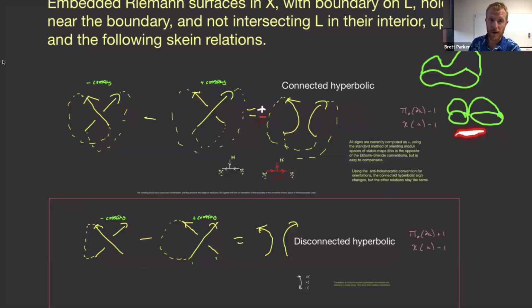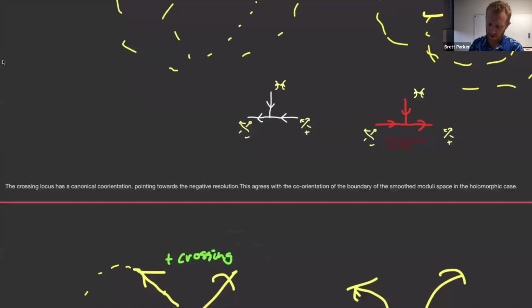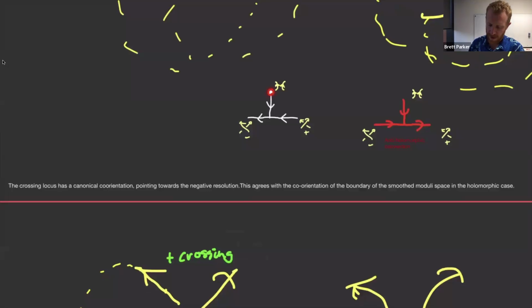So it's codimension 1, a boundary, which is bad if you want invariance. If you look at the moduli space, you've got these resolved things that come down here, and then you've got the boundary. And this is saying you can cancel out that boundary using this Skein relation here.